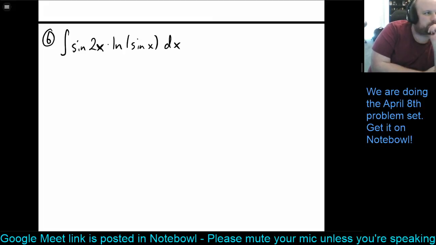All right, so what kind of substitution or trick manipulation could we do for this one? Or what makes this problem hard? I shouldn't say hard, but non-obvious.